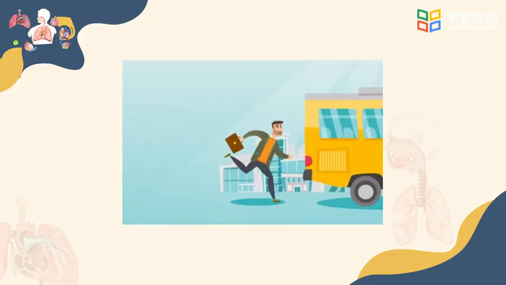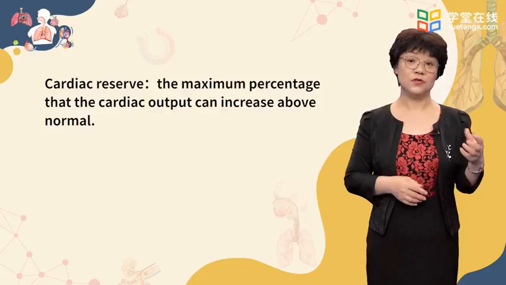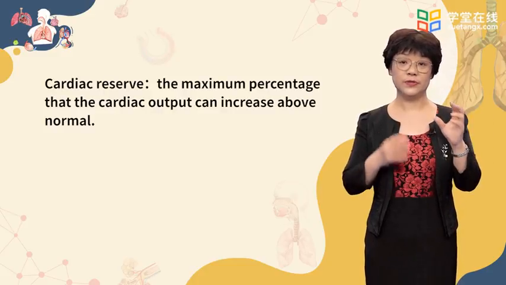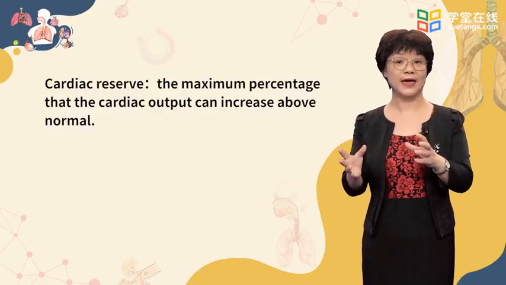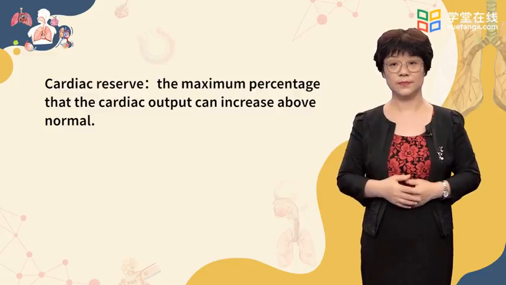Cardiac output changes dramatically in response to special demands, such as when you run to catch a bus. Cardiac reserve refers to the difference between resting and maximal cardiac output.